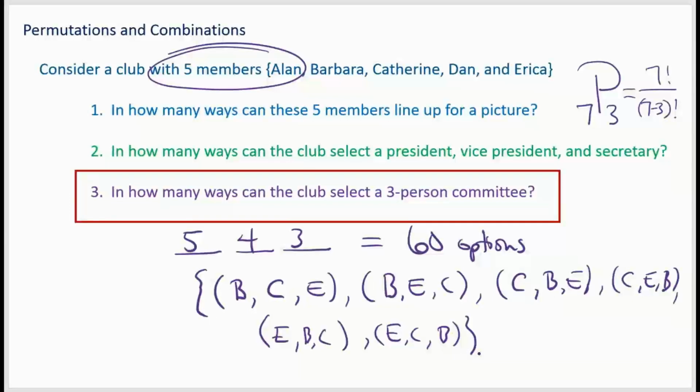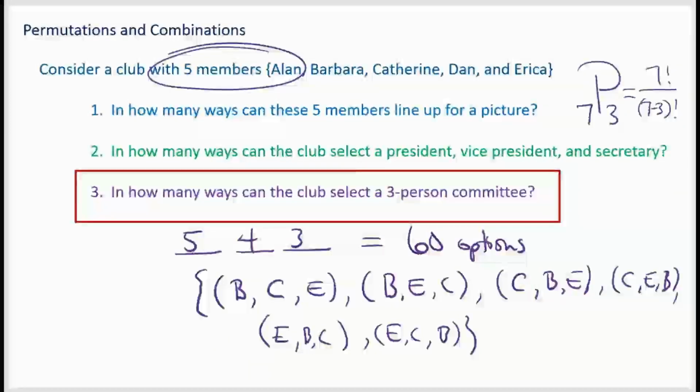Now, are there any other ways we could rearrange the letters B, C, and E, which represent Barbara, Catherine, and Erica? Can you think of any other ways we could arrange that? I cannot. It looks like 6 of them. But those are repeats, and whenever you have repeats, remember, we're supposed to divide those out.